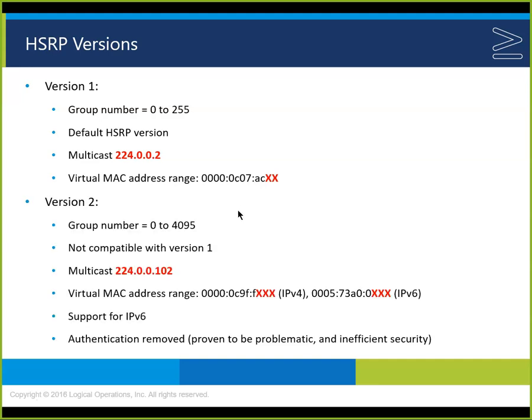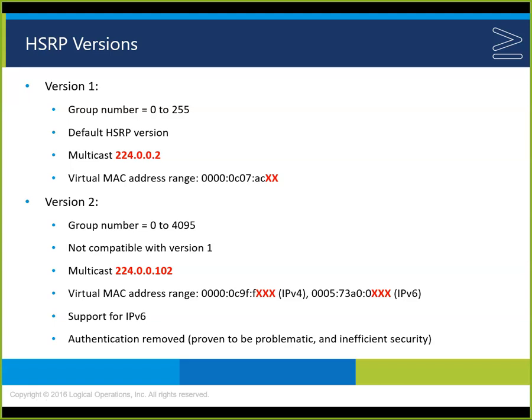Version 2 has a lot more groups and is not compatible with version 1. It uses a different multicast address, still with the 2 in it, but it's 224.0.0.102. Multicast addresses in the big list we looked at yesterday mostly started with 224.0.0 something. For the virtual MAC address here, since we have 0 to 4095, 4096 possibilities, we have 3 hex digits available for it, in the last section.